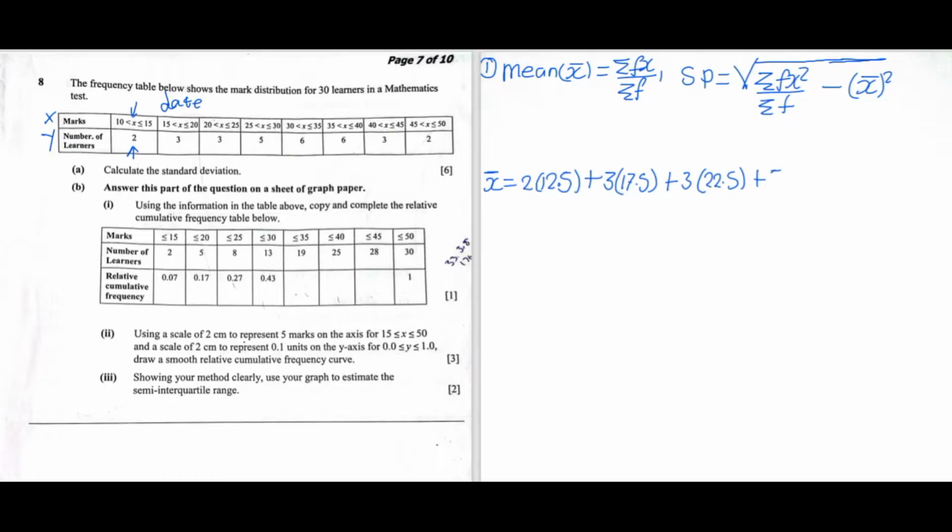Plus we go to 5, and we do the same: 25 plus 30 is 55 divided by 2, 27.5.